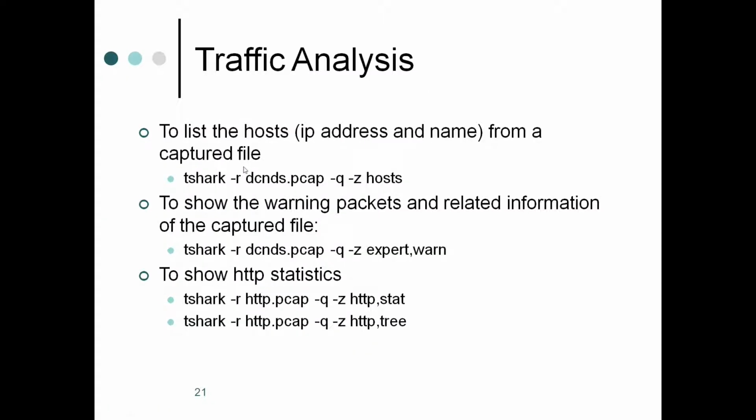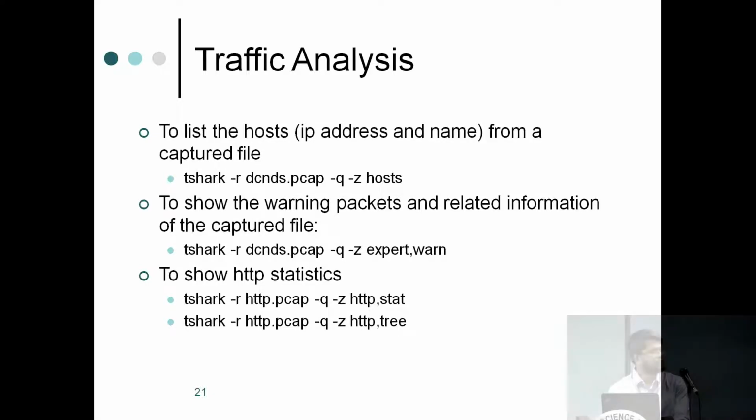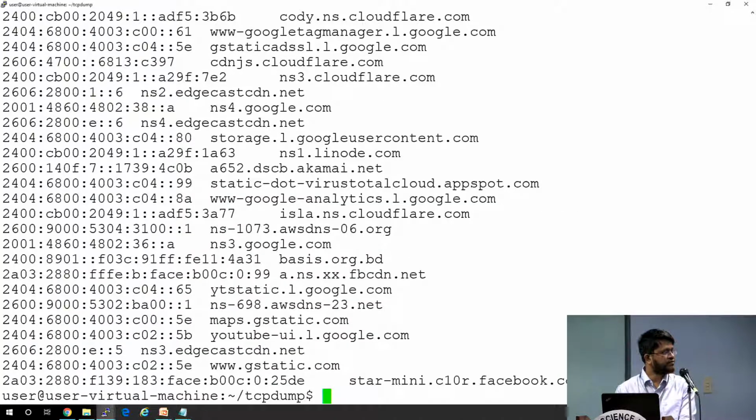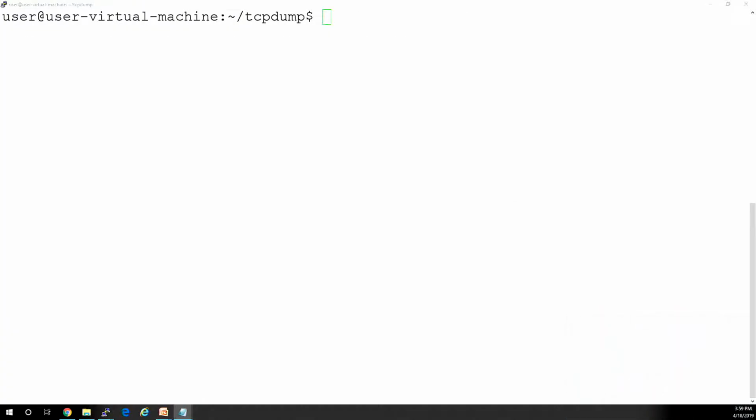We can show warning packets and related information. As you know, some packets are malformed in some cases, and we see warnings at the protocol level. These are most useful in terms of identifying problems or useful packets.